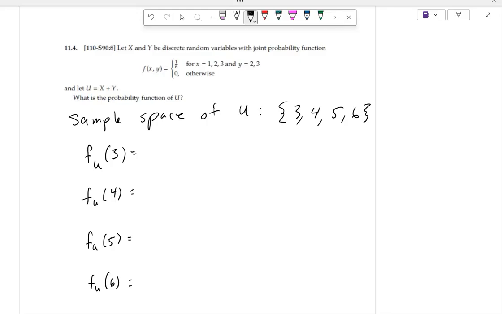How can you get a sum of 3? Yeah, it has to be x equals 1 and y equals 2. It's the only possibility, isn't it? What is the probability that x is 1 and y is 2?